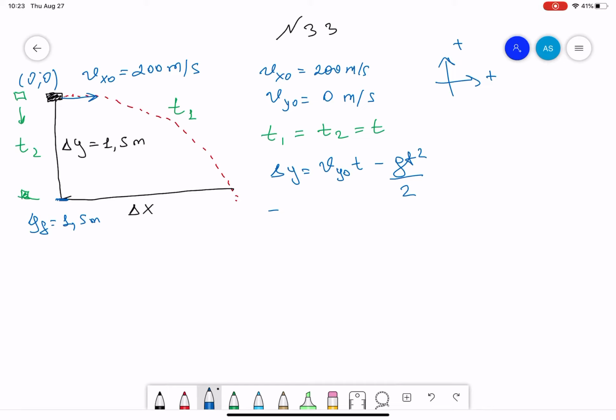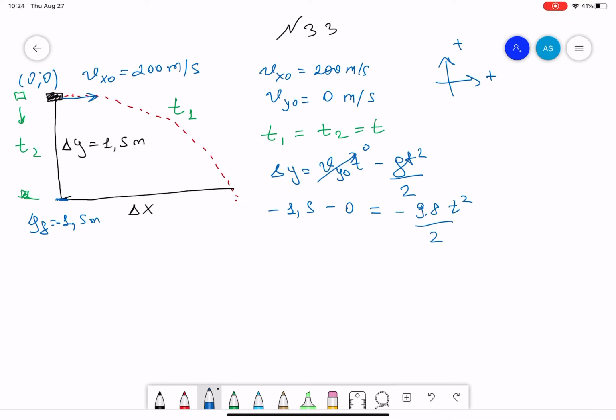Y final in our case will be negative 1.5, initial is 0, and Vy initial is 0, so that whole term goes to 0, and it equals minus g, which is 9.8, t squared over 2.